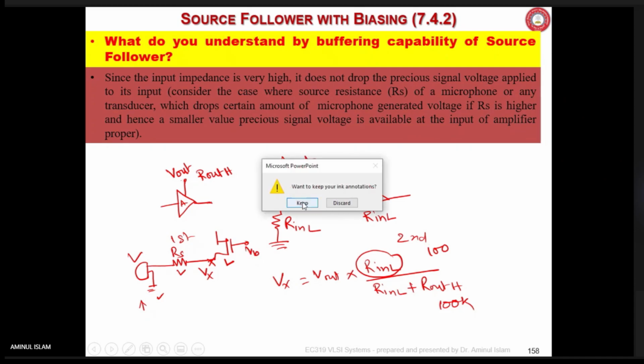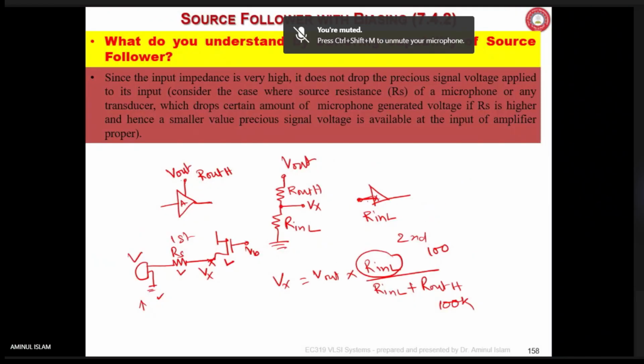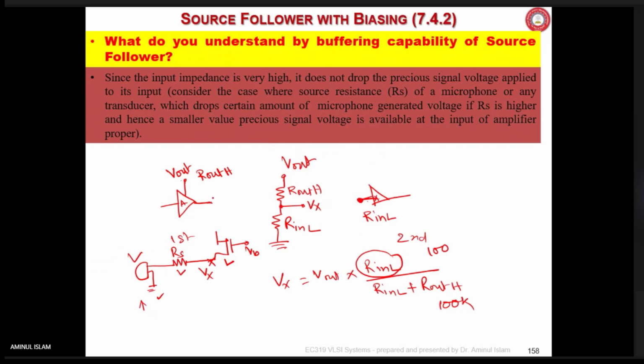Okay, is it understood? What is happening here is that for amplification, the whole V out value is not available. It is reduced by this combination of resistors. Is it understood up to this point?